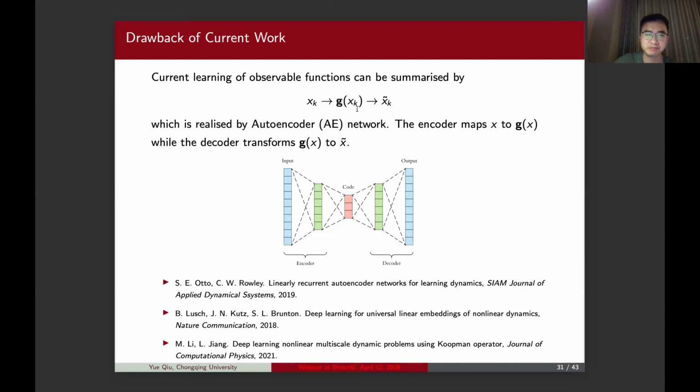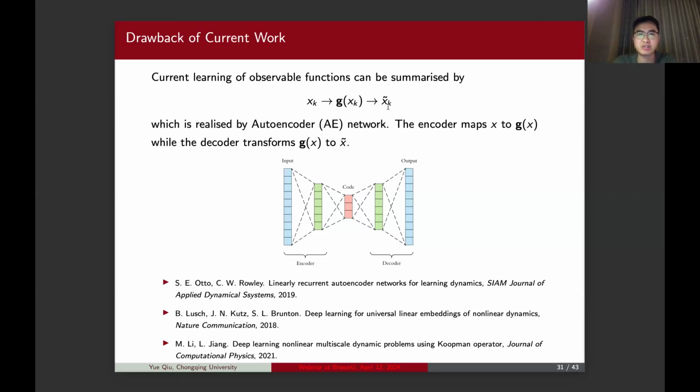And then after this transformation, we are able to compute the Koopman matrix by using the sequence composed with G. And then after this computation, we are able to predict the evolution of the GX series, and then we can go back by performing an inverse map of the sequence to get the predicted original system states.